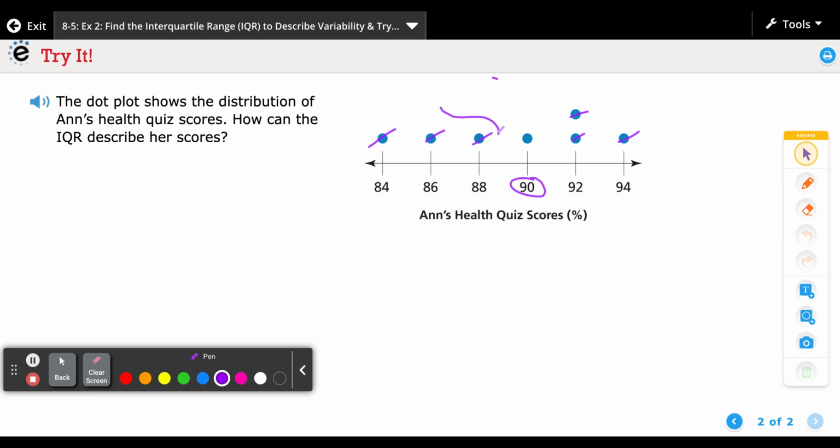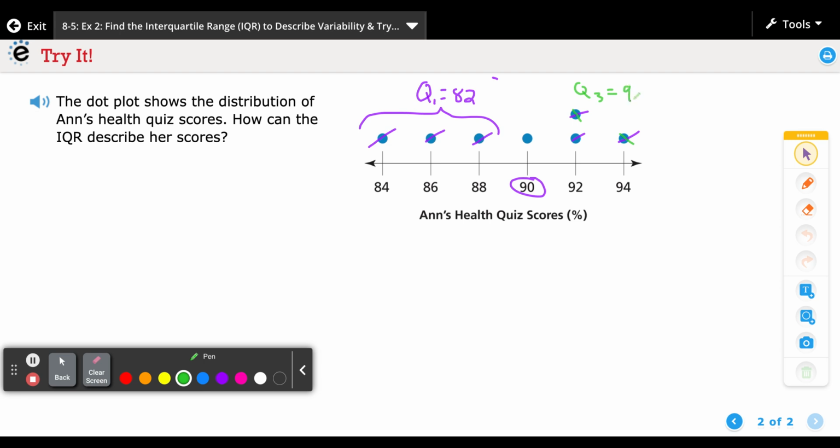And then I have three pieces of data below. So Q1 is 86, right? The middle piece of data, the median of the lower half of the data, and the median of the higher half of the data, or the upper half. I'll take this 92 and that 94, and that gives me a Q3 of 92.